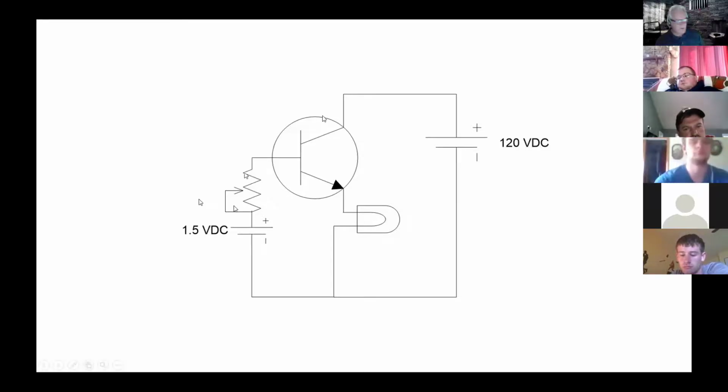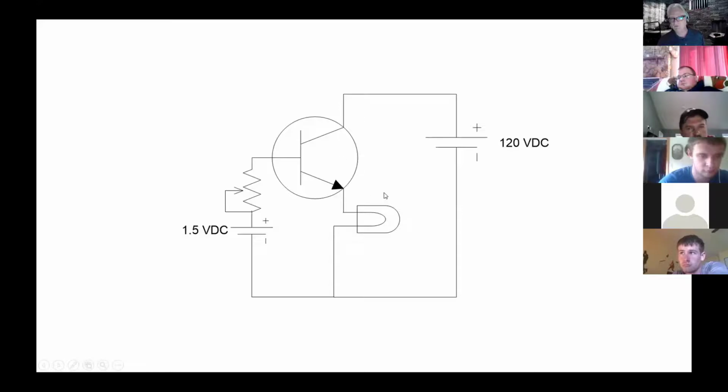So if I were to sit here and raise and lower this, the current here would raise and lower exactly in unison, but at a much magnified level than what I'm doing over here. So if I'm doing a little bit of movement over here, I'm getting a little bit of movement, or even a slow movement, but it's a lot of current. And if I move this much faster, then this is going to change much faster.